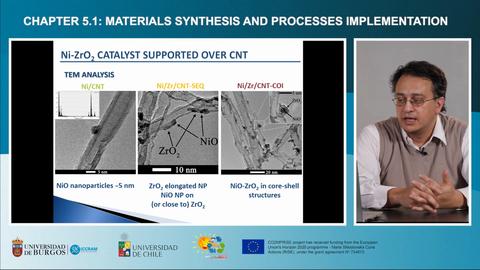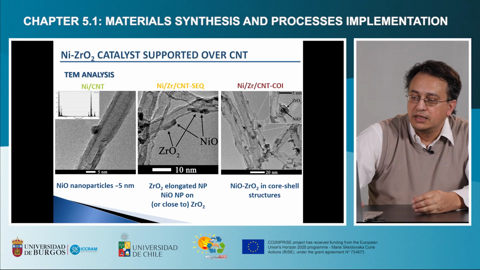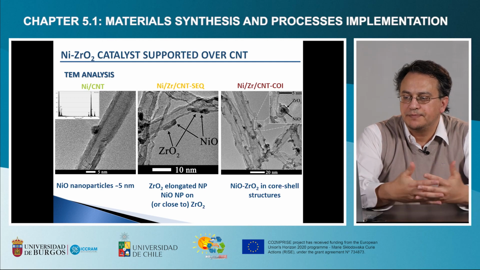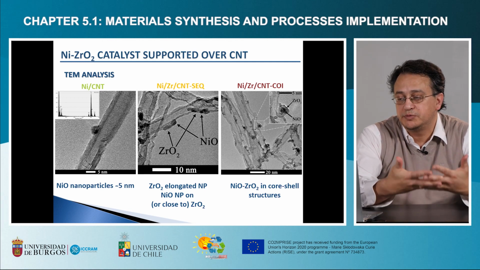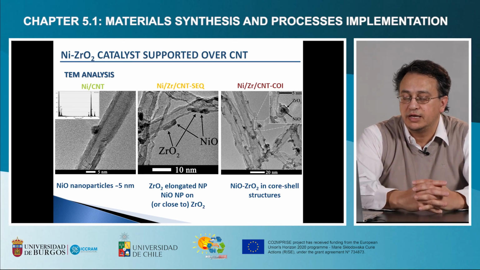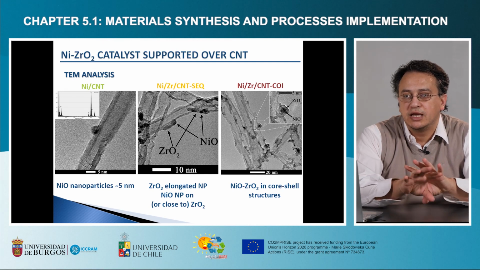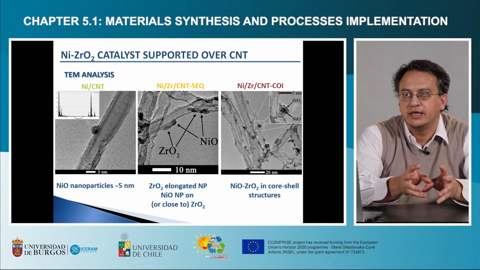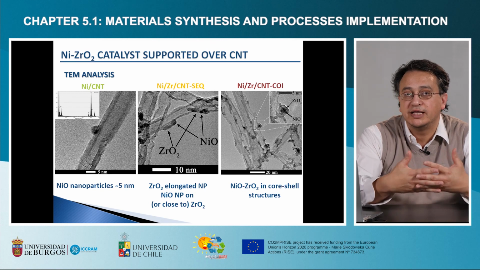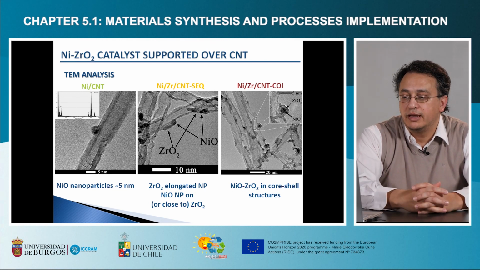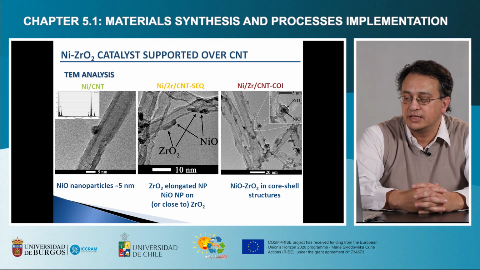As you see in the slides, there are three different systems. In the first one, there are carbon nanotubes, pure carbon, where we put the nickel nanoparticle on it to see how these materials interact with the CO2 molecule by itself, with no other oxide, with no other material complementing the activity.